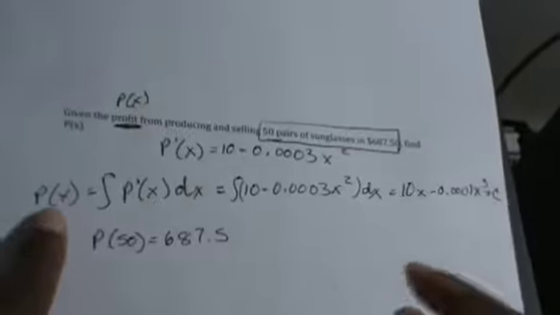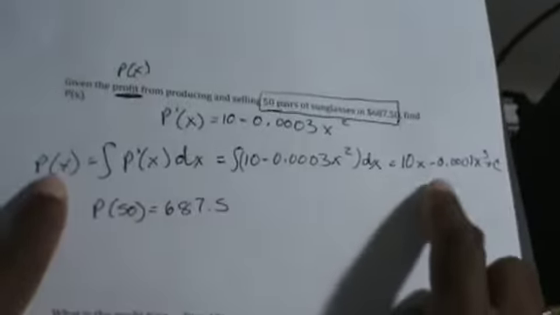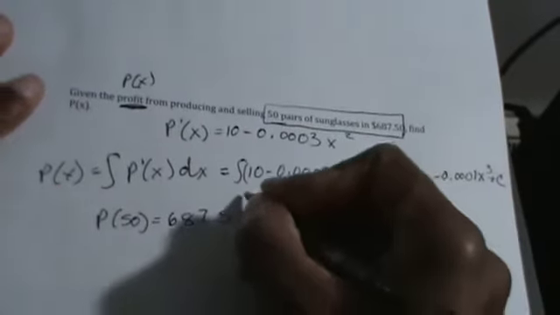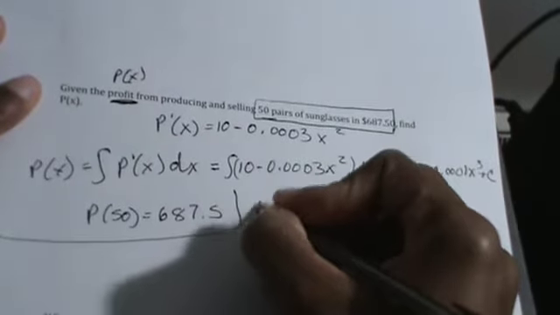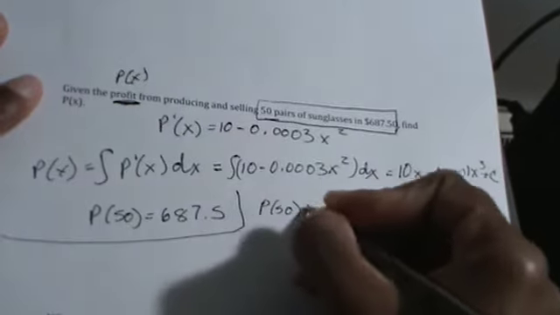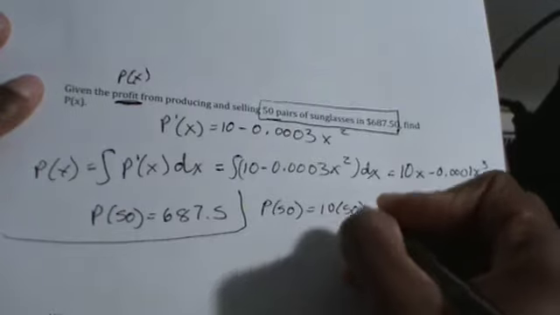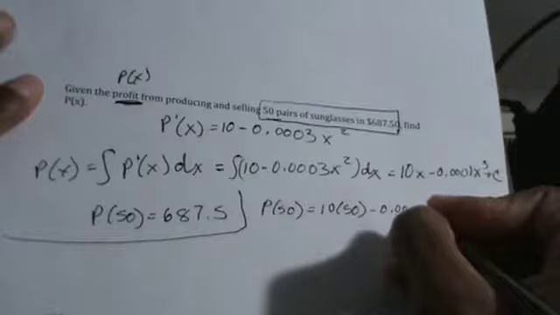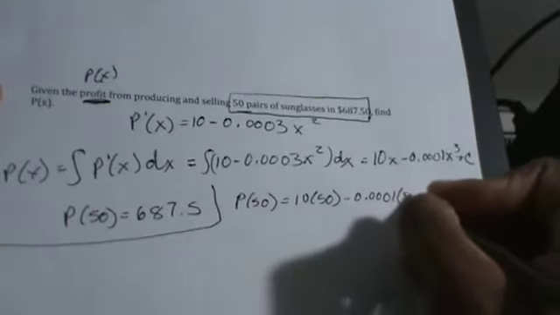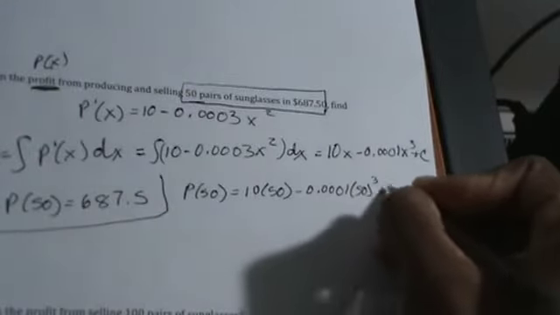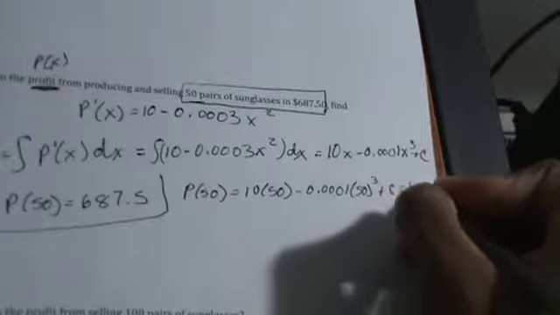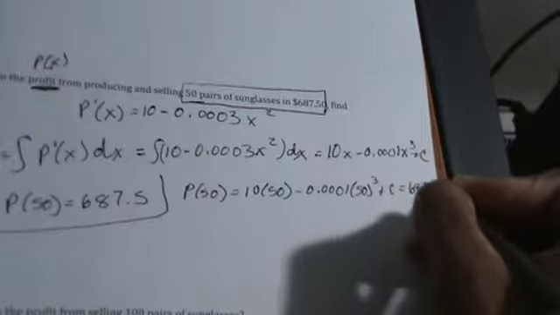This is the profit equation. When we found the antiderivative, we got to our profit. So let's get to it. So P of 50 then equals 10 times 50 minus 0.0001 times 50 cubed plus C. This is what's equal to 687.5.